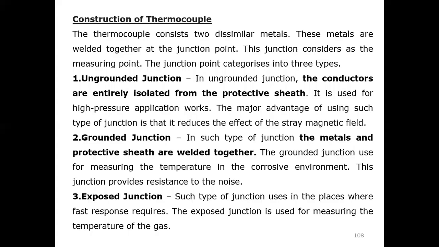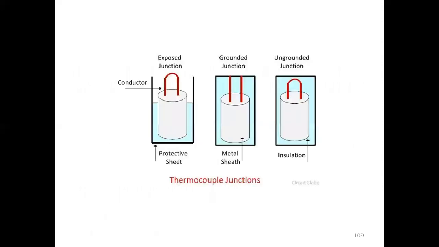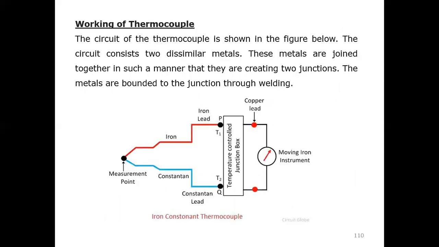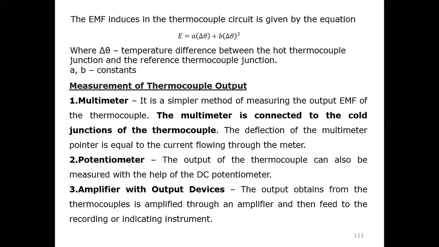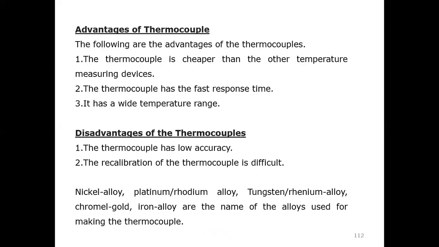Construction of thermocouple: ungrounded junction, grounded junction, and exposed junction. These are the three models of thermocouple junctions. Working of thermocouple: the circuit consists of two dissimilar metals, joined together in such a manner that they create two junctions. The metals are bonded at the junction through welding. The thermocouple output is measured using a multimeter, potentiometer, or amplifier.